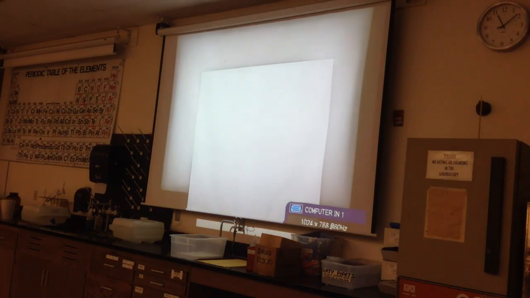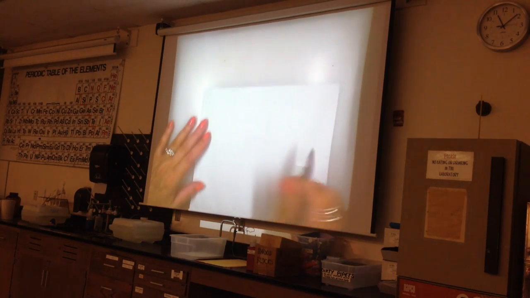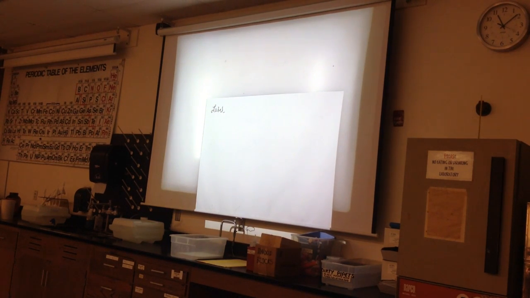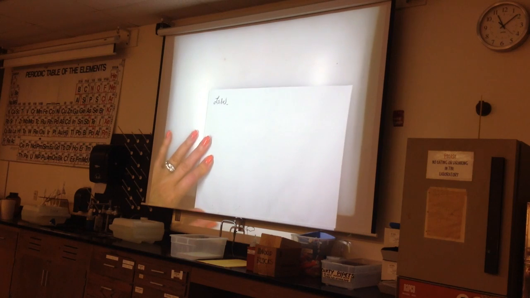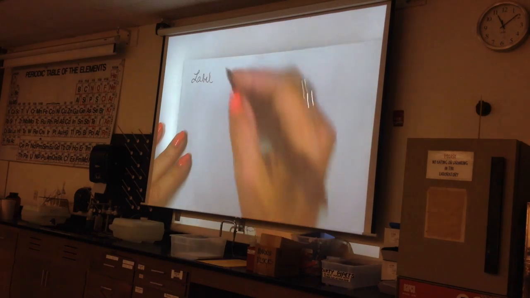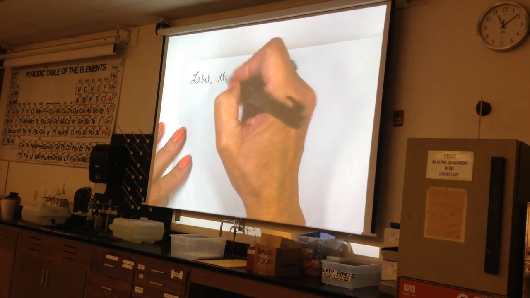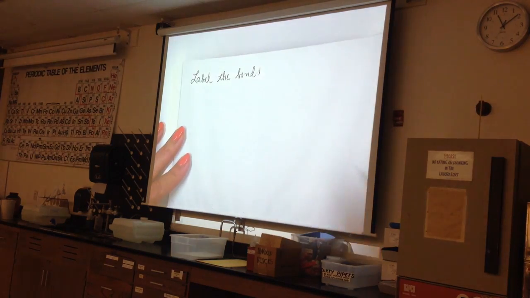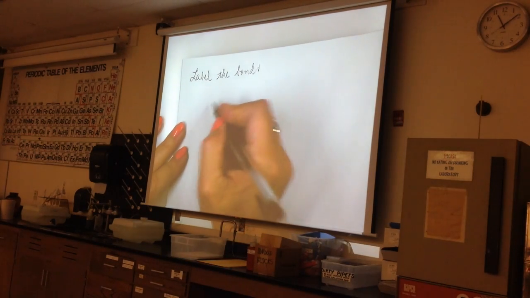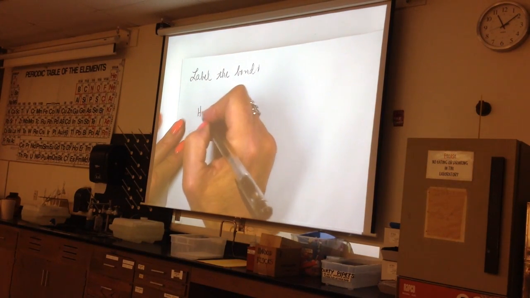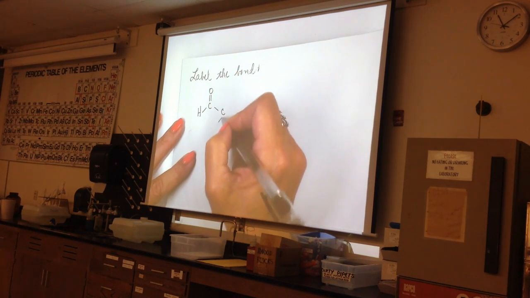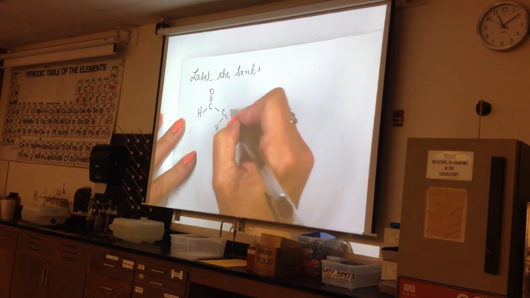Let's see what we can write over here. So label a hydrogen that is bonded to an oxygen that is bonded to a carbon, hydrogen and hydrogen.